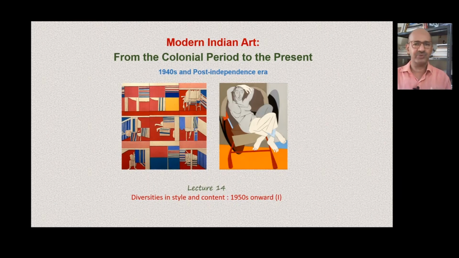They continued to work, but not necessarily repeating what they had done before, but innovating new ideas and new expressions. And the new generation that is coming up from late 1940s and 1950s are looking at the possibility of innovating new styles, new thoughts, new ideas, new formal qualities.